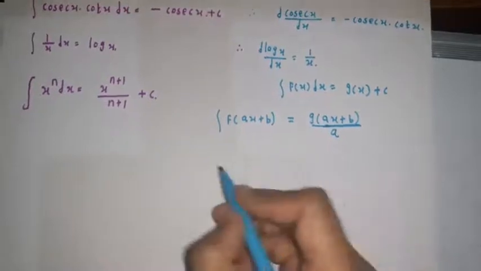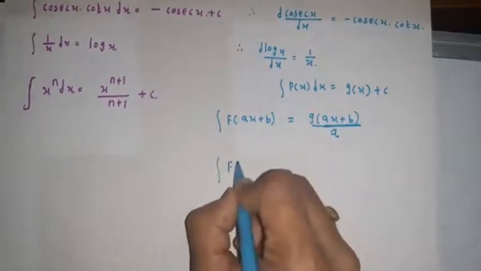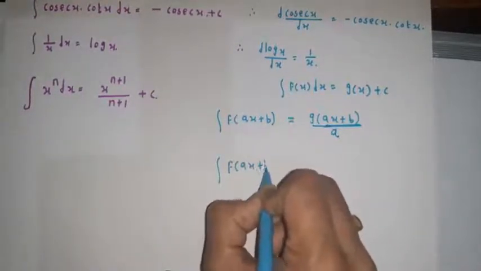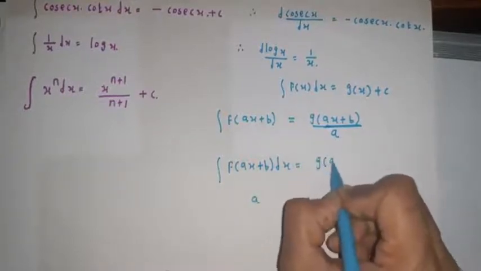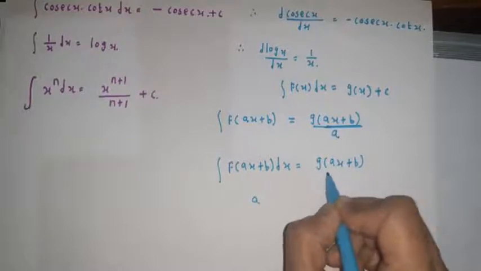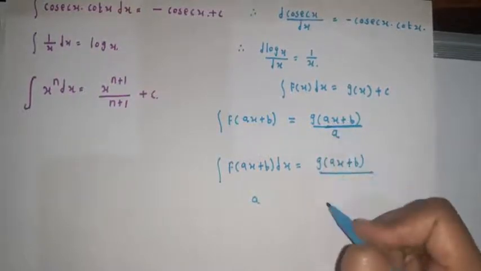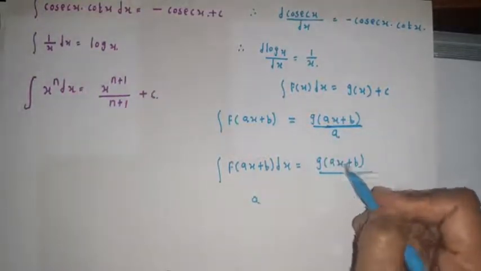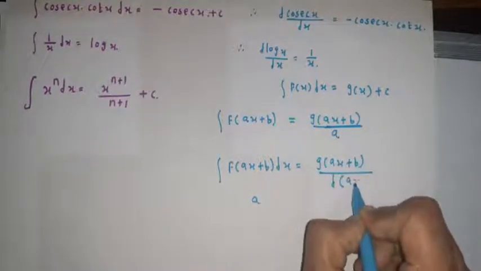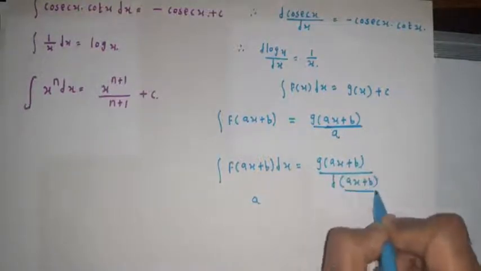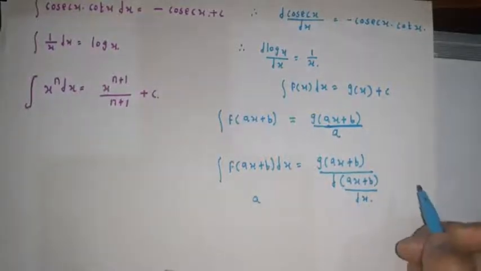Okay, that means integration of f of ax plus b with respect to x is g of ax plus b upon differentiation of ax plus b with respect to x.